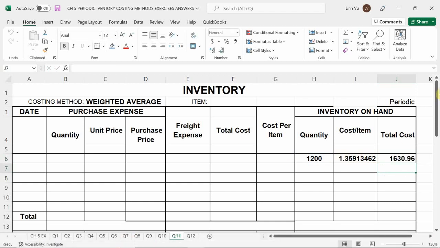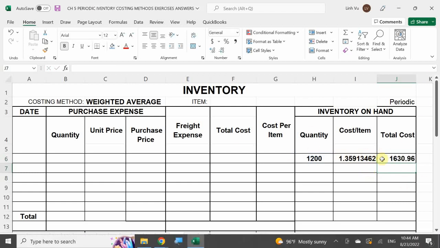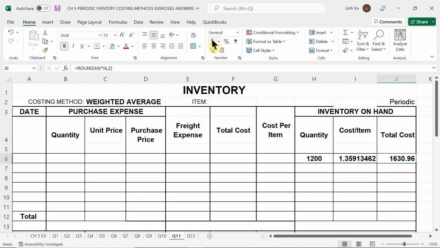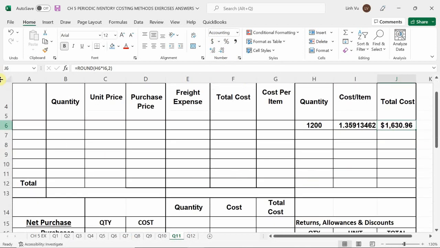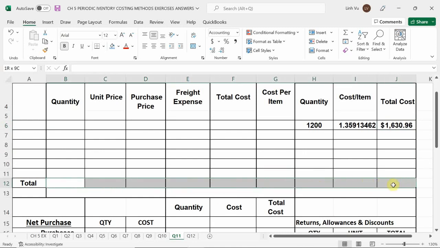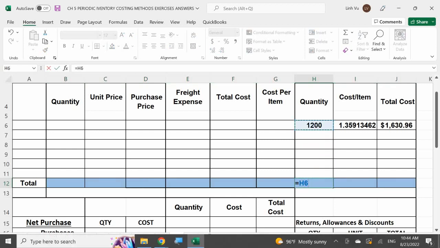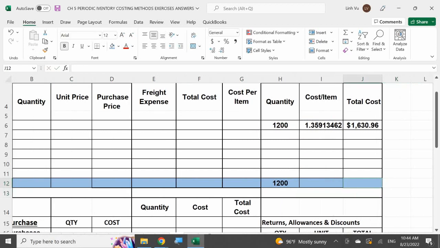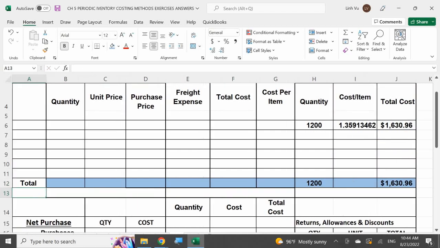Okay, for that 1630.96. Here I'm already going to recognize that I have a total of 1,200 units at that 1630.96.